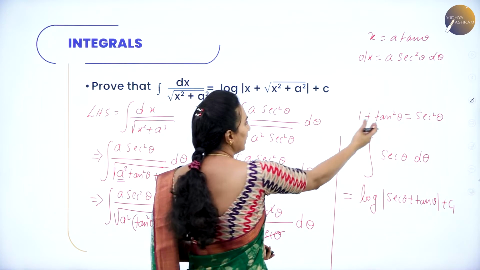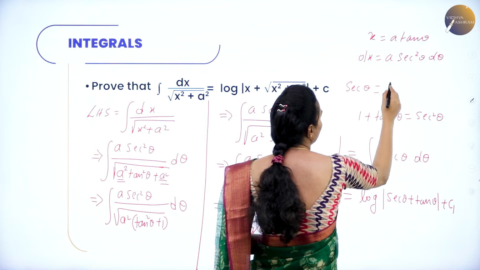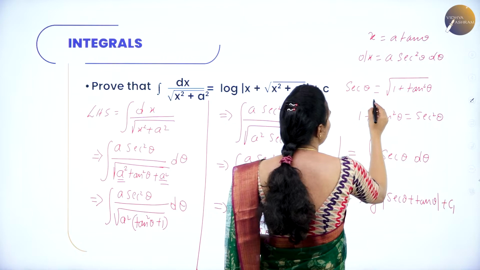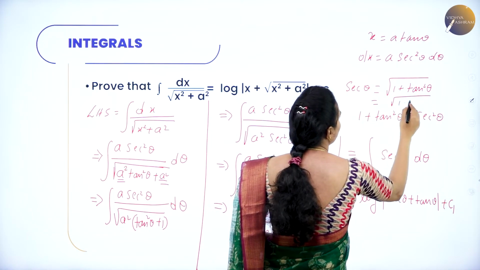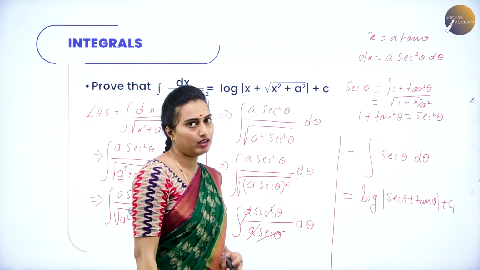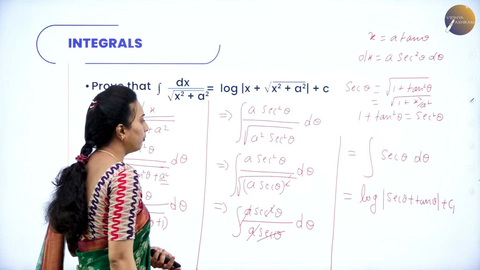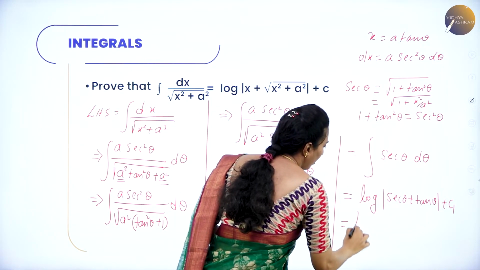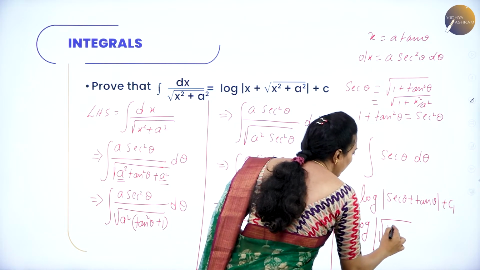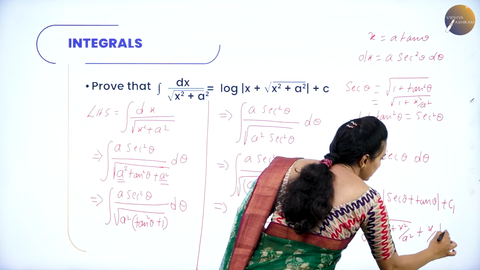You know that secant theta can be written as under the root 1 plus tan squared theta, which will become under the root 1 plus x squared by a squared, because tan theta is x by a. So substituting in the formula, we are getting log of modulus of under the root 1 plus x squared by a squared plus tan theta, that is x by a, plus c1.